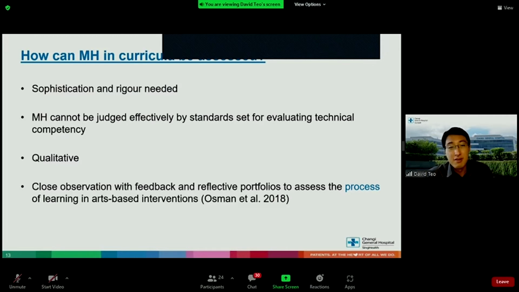Various people have used different means to assess the impact of the humanities on medical education, such as close observation with feedback and reflective portfolios, to assess really what we are looking at, which is the process of learning in arts-based interventions.